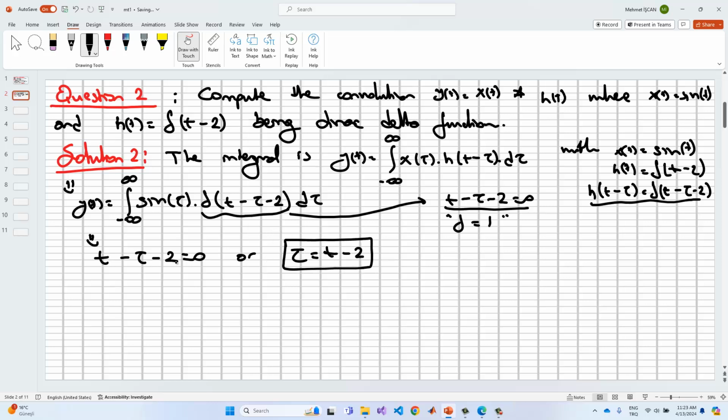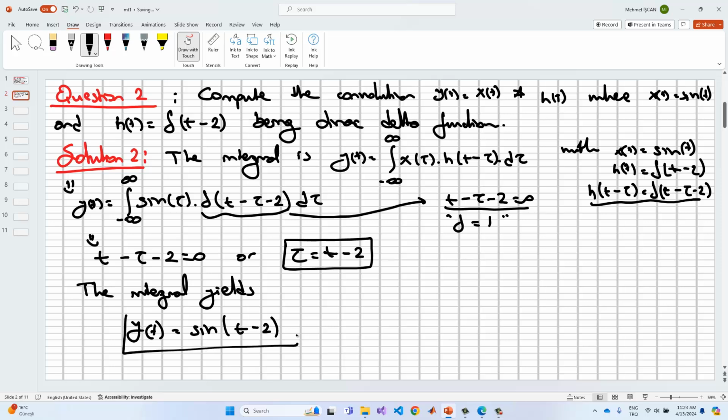So this integral yields y(t) equals sin, but with tau equal to t minus 2. This is the solution of the Dirac delta function applied on any function.